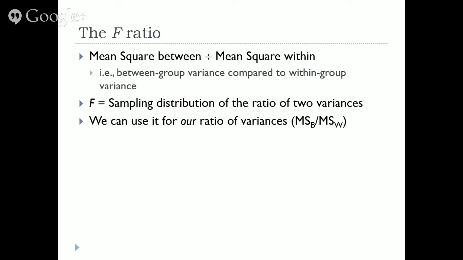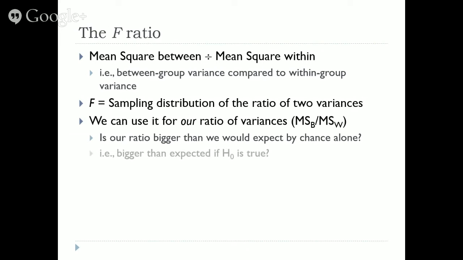And if our result is way out in the tail of the F distribution, that means that it's very unlikely that we would have found a ratio between and within that's this big if the null hypothesis was true. So we would conclude that there are some differences between the means. Differences that can't be explained by just random variability, which is the within part.